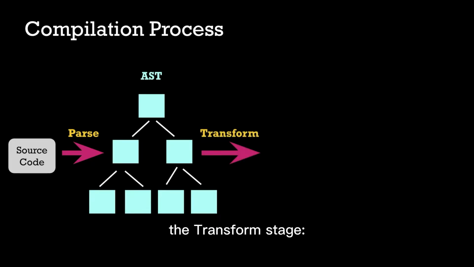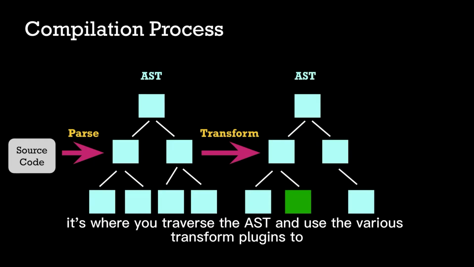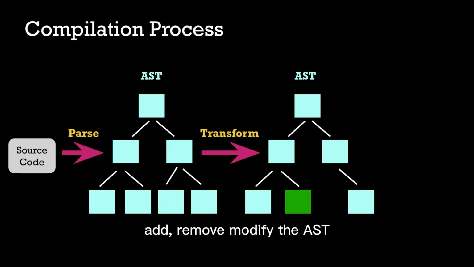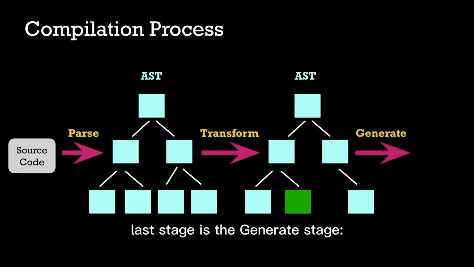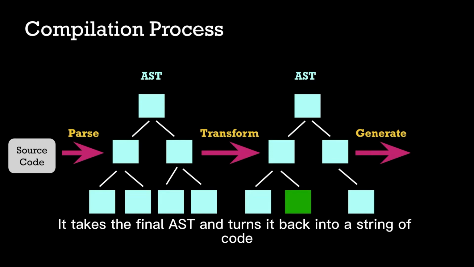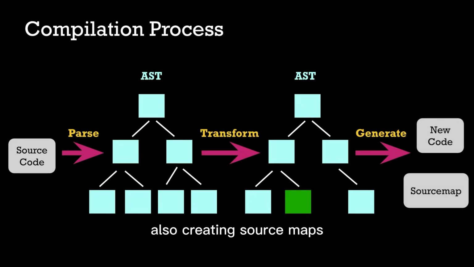And the transform stage is where you traverse the AST and use the various transform plugins to add, remove, modify the AST. And this is by far the most complex part of Babel or any compiler, and also where the plugin operates. And the last stage is the generate stage. It takes the final AST and turns it back into a string of code and also creates a source map.